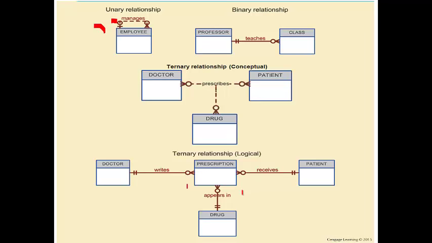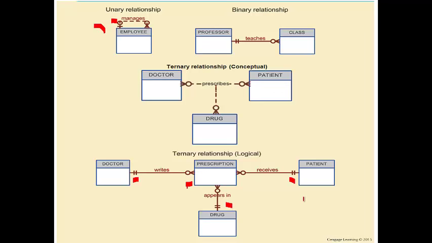And so we have this new entity, prescription, and each doctor writes many prescriptions, each patient receives many prescriptions, and each drug is used for many prescriptions, but each instance of prescription identifies one and only one doctor, one and only one patient, and one and only one drug.